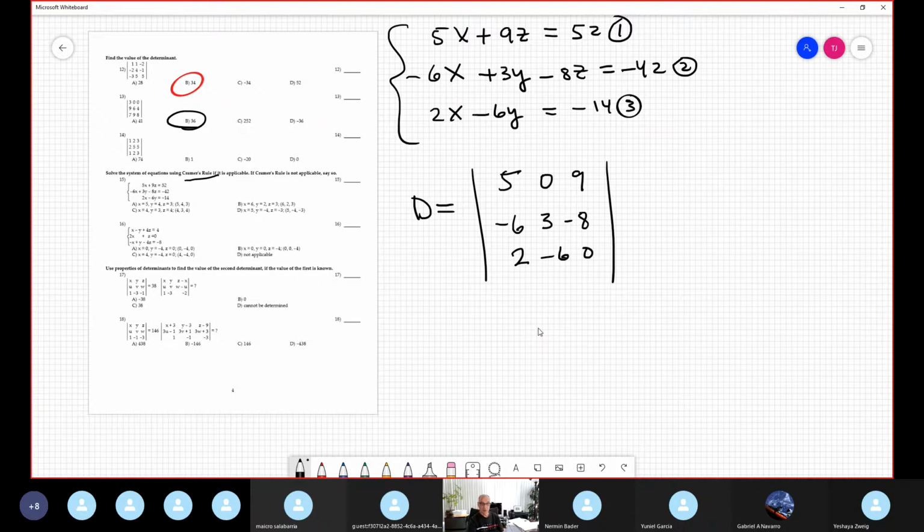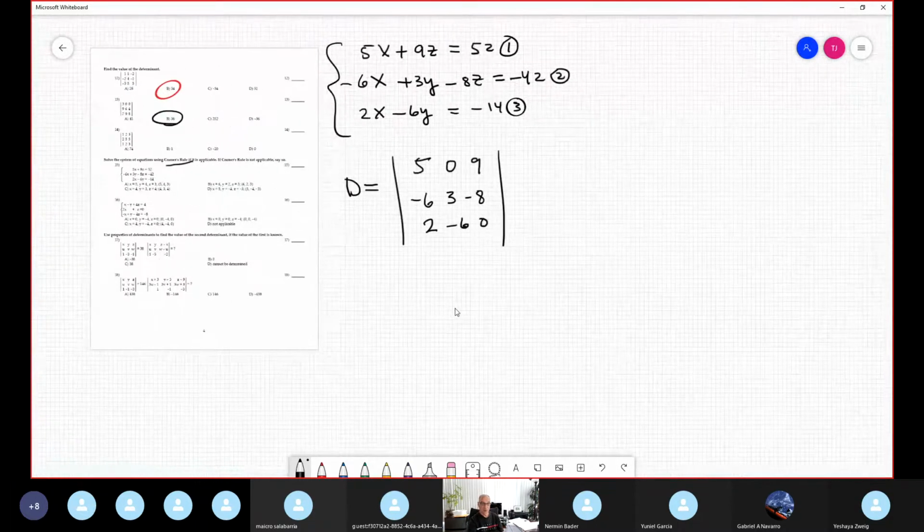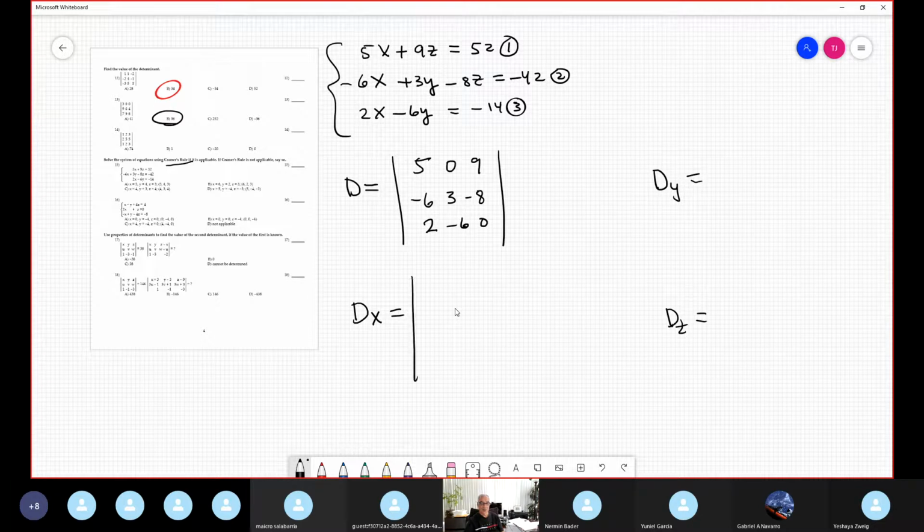Now, you compute 3 more things. You compute dx, you compute dy, and this is it. It's only mechanical: replace the column in the original determinant, formed by the coefficients in front of the variable, by the right-hand side numbers in the corresponding column.